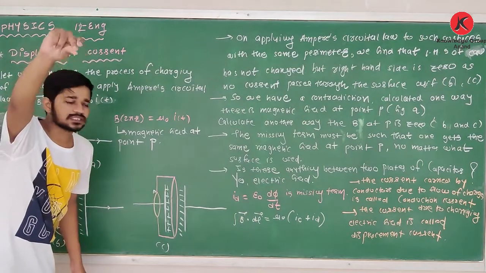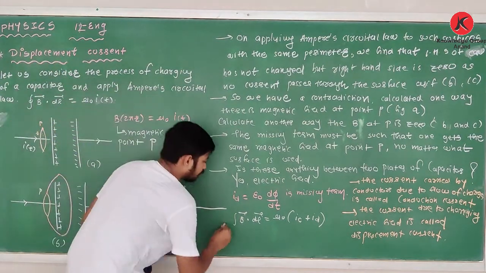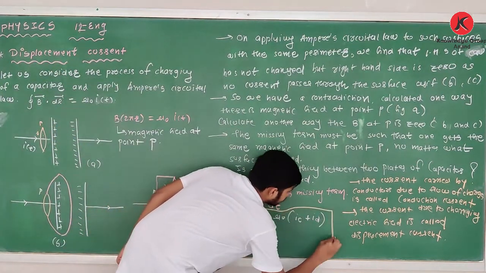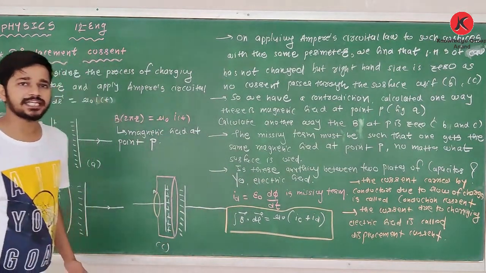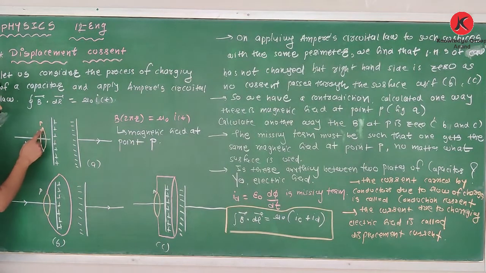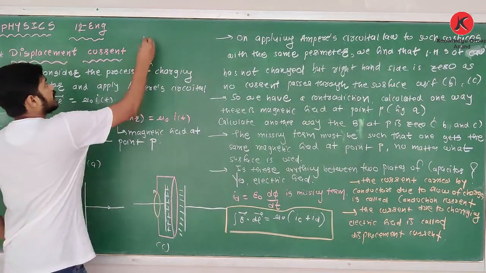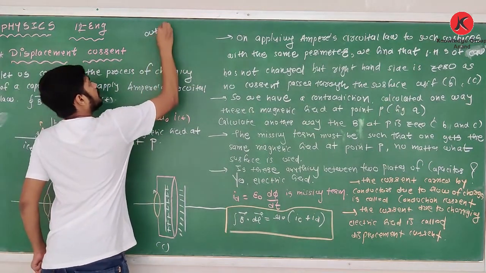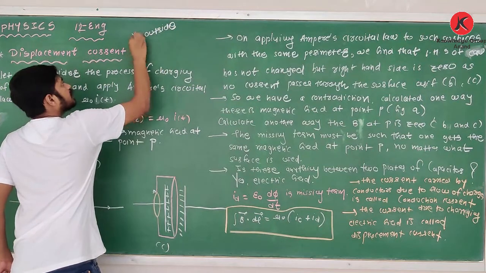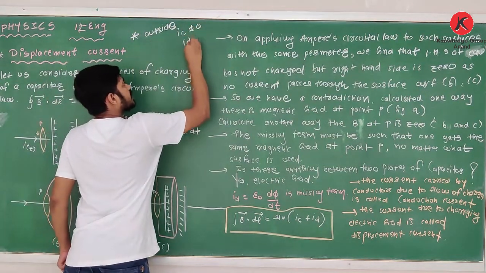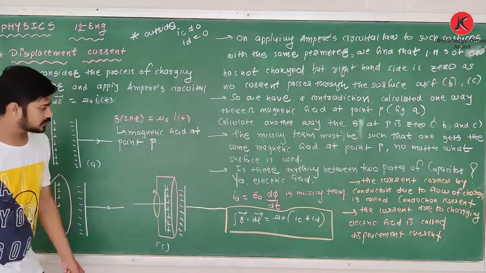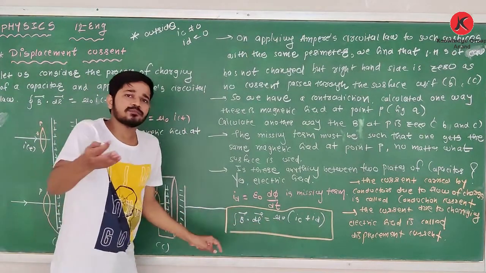Now if I use this equation, integration B dot dl is equal to mu 0 (I_C plus I_D): when I am talking about a point outside the plates of the capacitor, I_C is not 0 but the displacement current I_D is 0. So there is I_C and we will get some magnetic field.